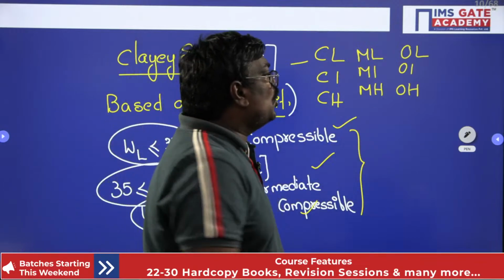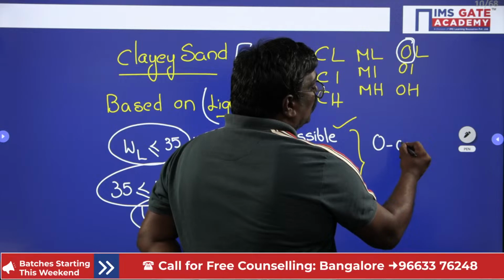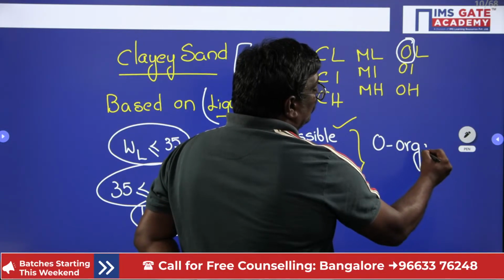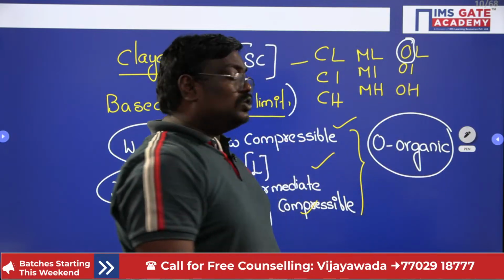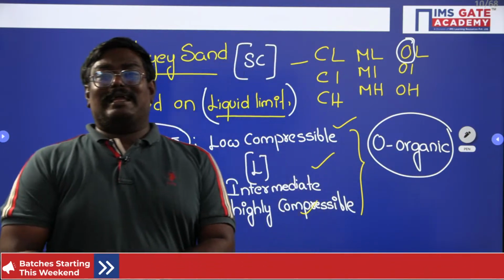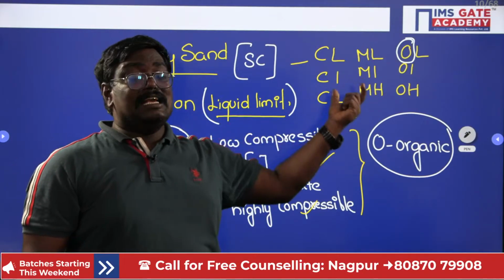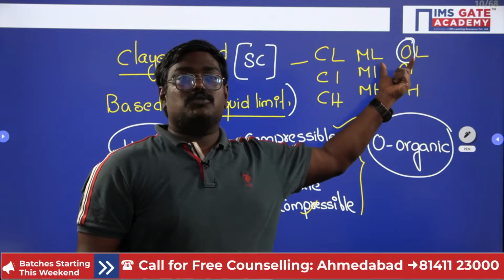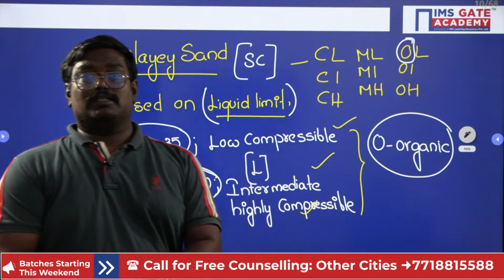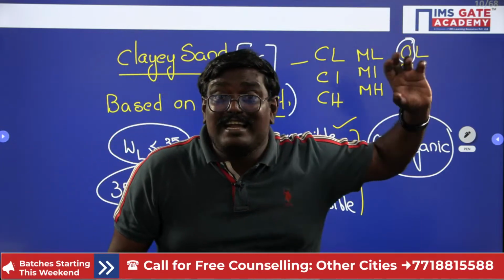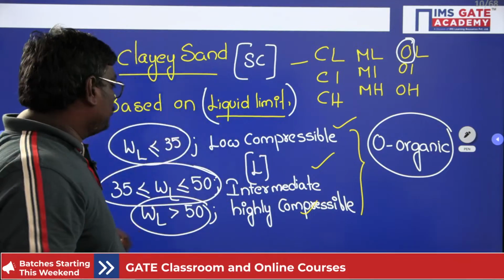Sir, what is O? Forgot to tell you, O is nothing but organics. So you have ML, MI, MH: low, intermediate and highly compressible silt, or low compressible organic soil, intermediate organic soil, highly compressible organic. These are the different types of soil. Agree, students?